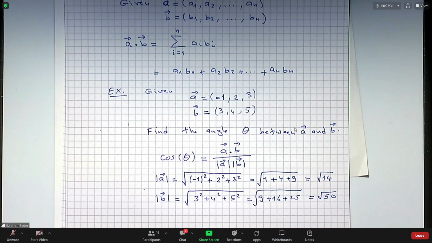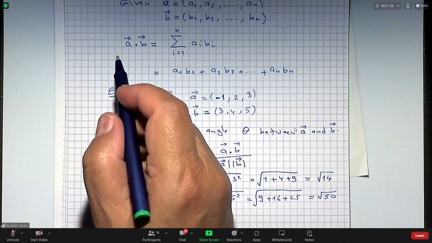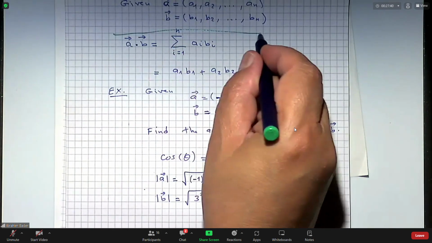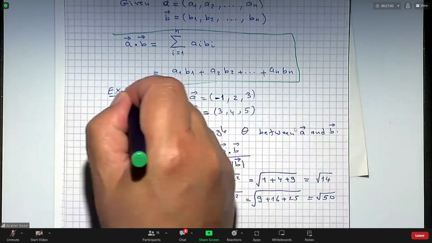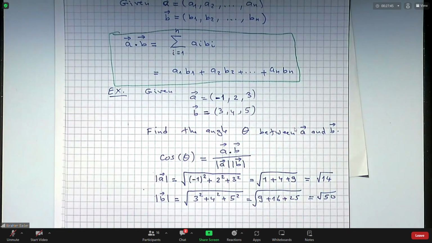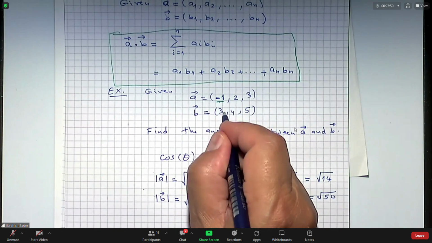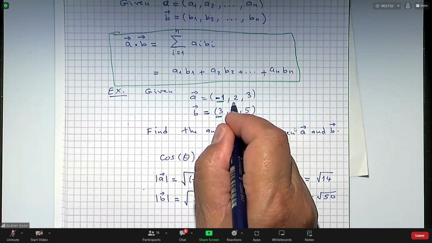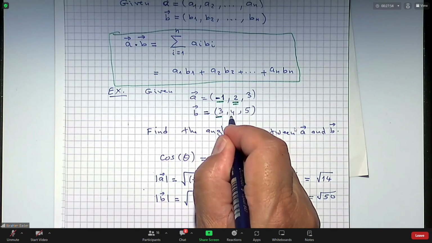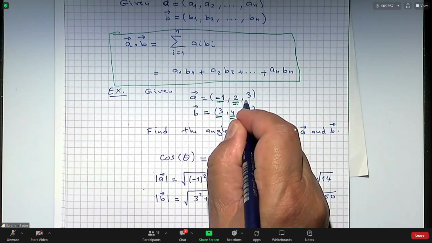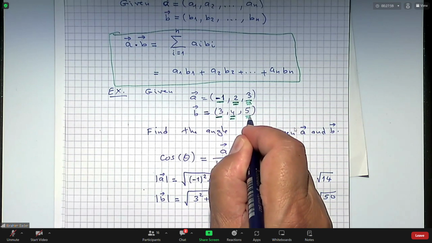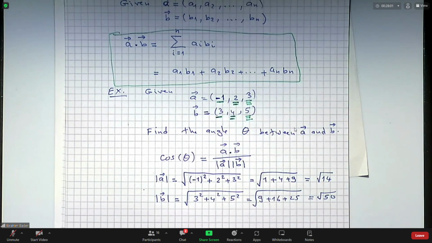Now, how to evaluate the dot product? We are going to use this rule here. I hope you still can see it, this rule. So this rule tells me to multiply this number with that number, add it to the result of multiplying this number with that number, and then add the result of multiplying this number with that number. And here again, you have to be careful if you have a negative.